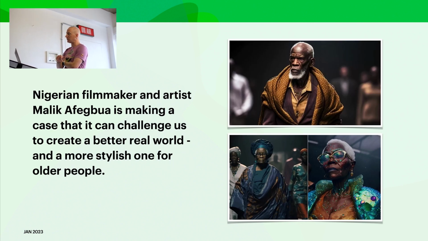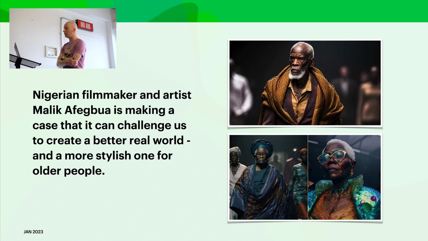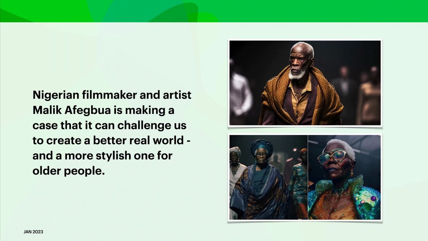This is an interesting one which has created lots of buzz. A Nigerian filmmaker used AI to take couture fashion show images and add older people in them. Instead of young models, he used AI to generate older models in the pictures.